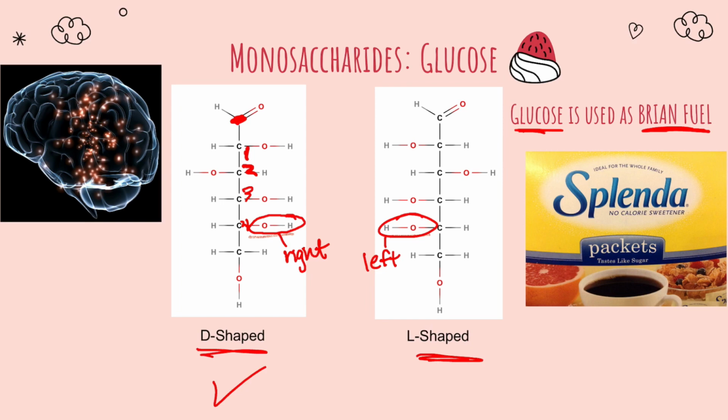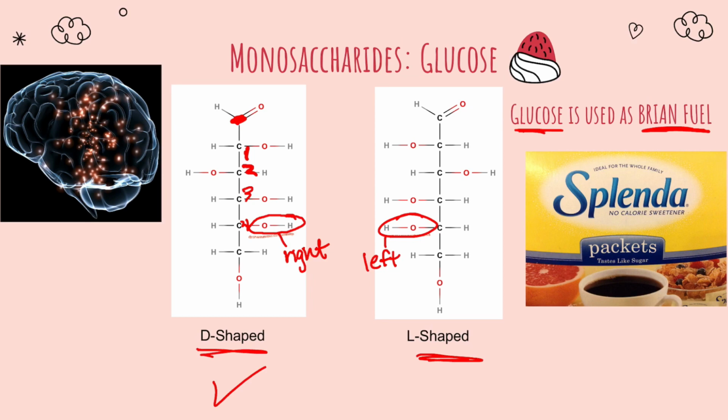But if we're having high amounts of L-shaped glucose, or L sugars per se, then we're not breaking down those L sugars fast enough. We're not getting rid of them fast enough since they don't really have anywhere to go.